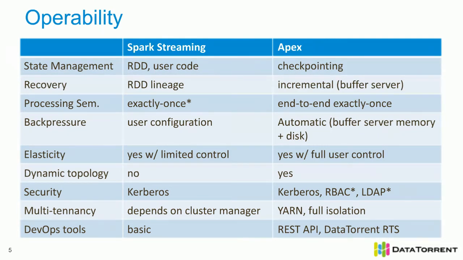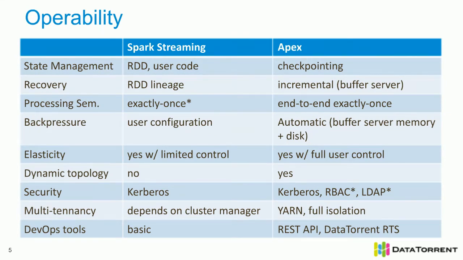Elasticity refers to the ability to adjust the processing resources to the processing needs. So when we have a lot of data to process, we want to allocate more resources. When the high load condition goes away, we want to scale the resources back. It's possible in Spark, because it's scheduling, it can repeatedly reevaluate the need for resources and schedule accordingly, but it's exposing limited control to the user.